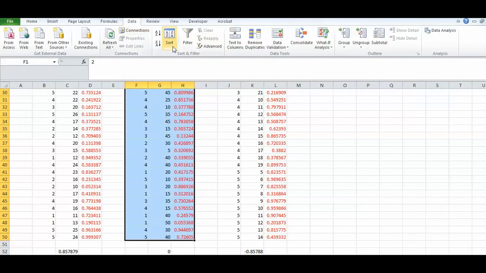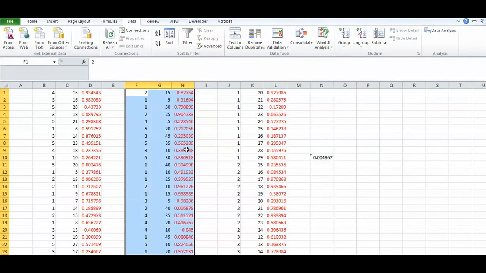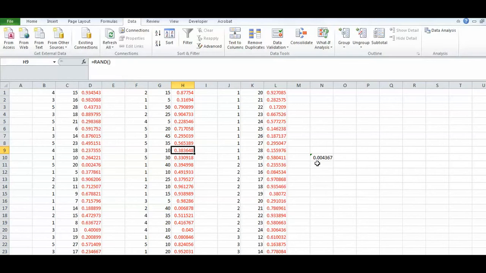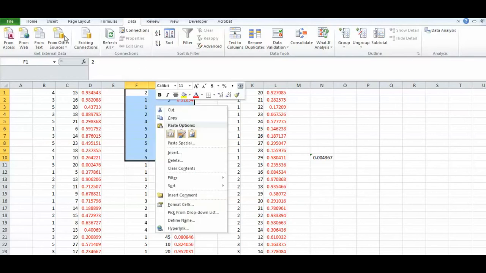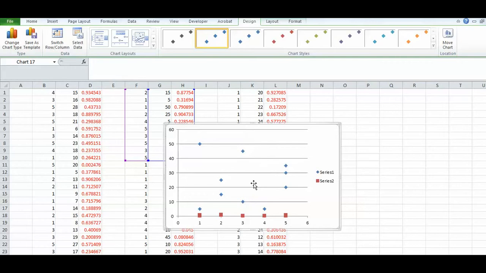So we're taking one more sample. This time we got a 0.004, which is really close to 0. So there's really no correlation at all in here.